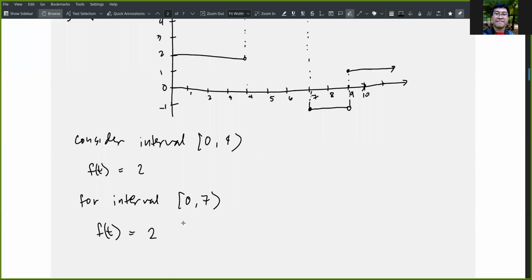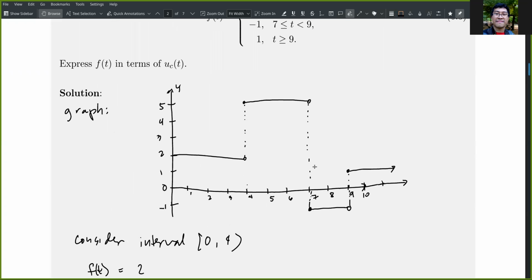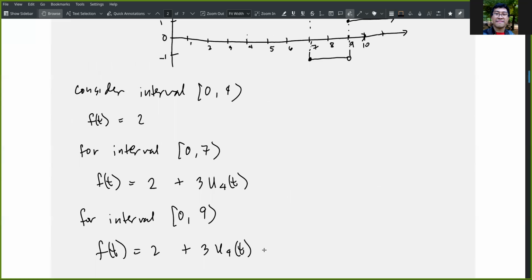So you can use the unit step function. It jumps 3 steps starting from 4. Now for the interval 0 to 9, we can still use that part up to 7, but from 7 it jumps down 1, 2, 3, 4, 5, 6 steps, beginning from 7.